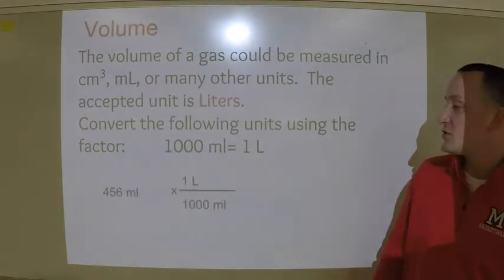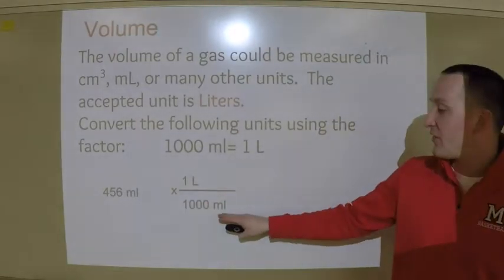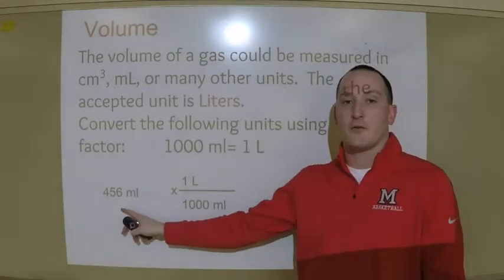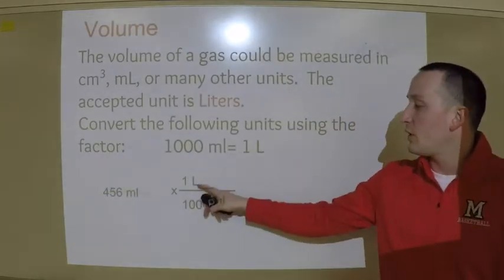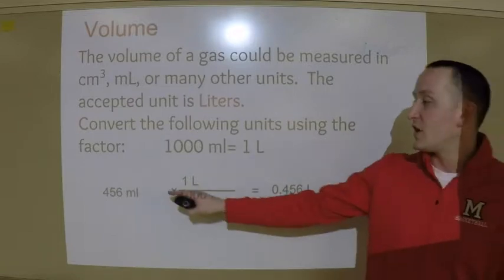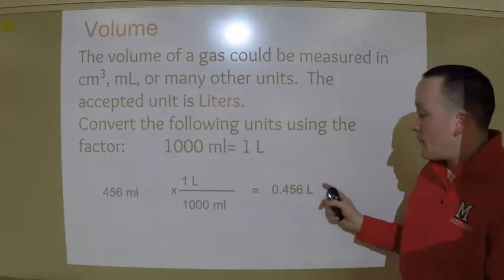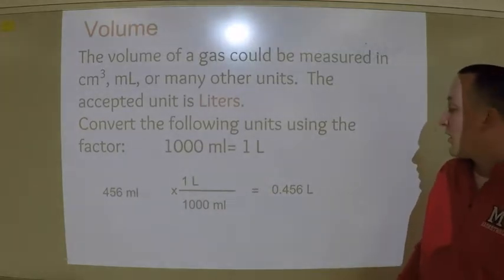So I'd take 456, I would divide by 1,000, my milliliters would cancel, and the only unit I would be left with is liters. So changing from milliliters to liters, I divide by 1,000, and I would get 0.456 liters.